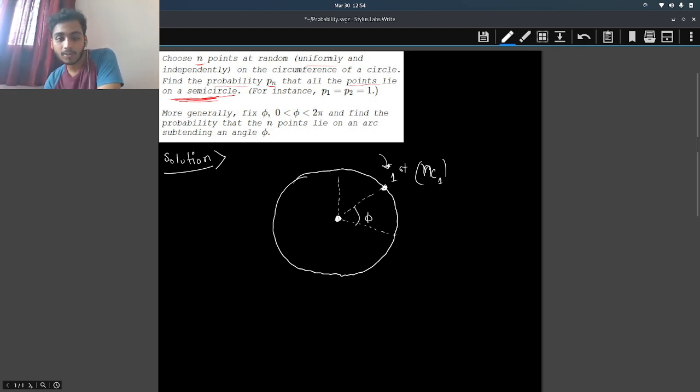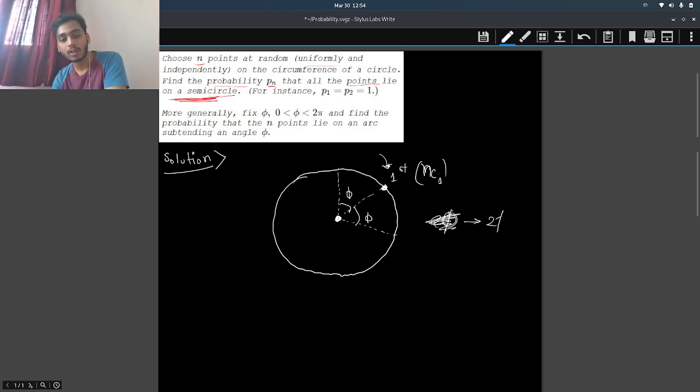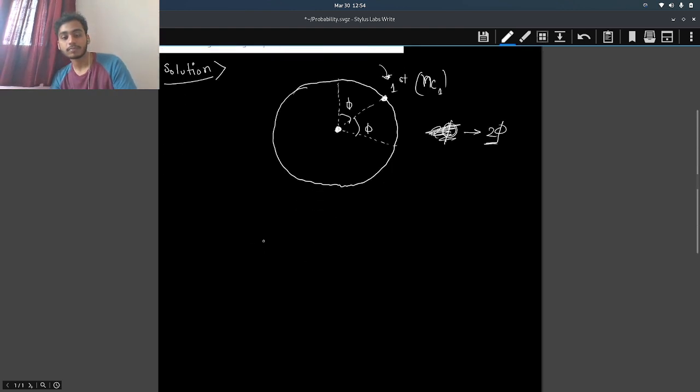We cannot go beyond these. Now the catch is that the second value cannot be anywhere in this circle anymore. This time the second point would have to be in this sector, which makes an angle 2 phi at the center, right?